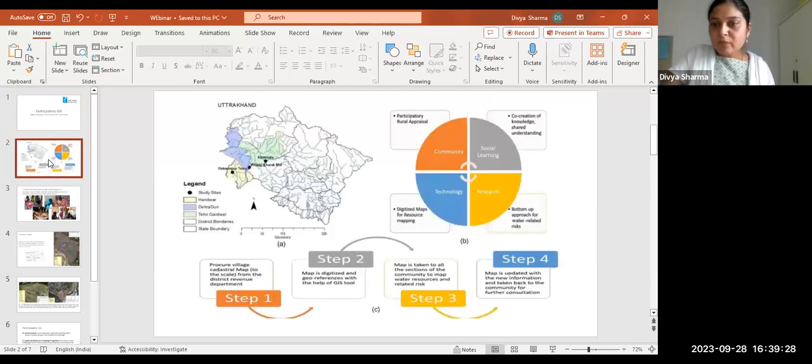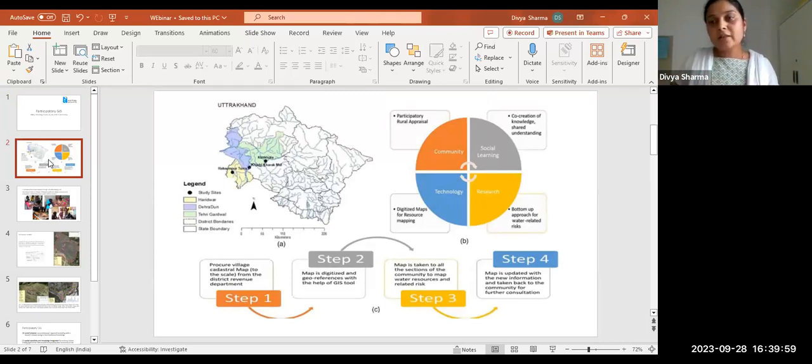This is something I did in Uttarakhand. There were 3 villages, and we wanted to understand what kind of water hazards are there, and to understand this from people's perspective also. We took a cadastral map from the Land Revenue Department and digitized it. That's the GIS aspect: you have the map, and then you take it to the community.